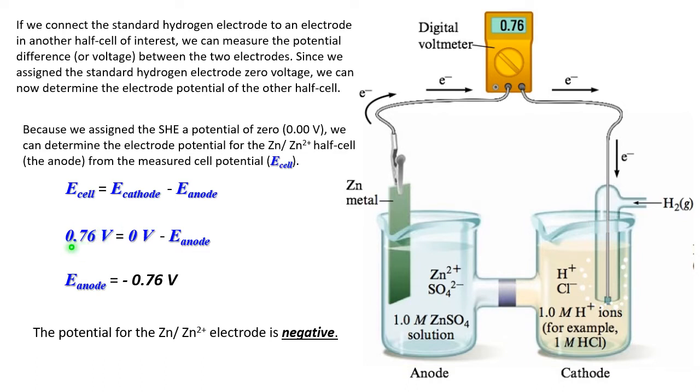So in our case it's 0.76 volts. Now cathode by definition is 0, which means anode will have minus 0.76 volt. This potential, as you see, is negative.